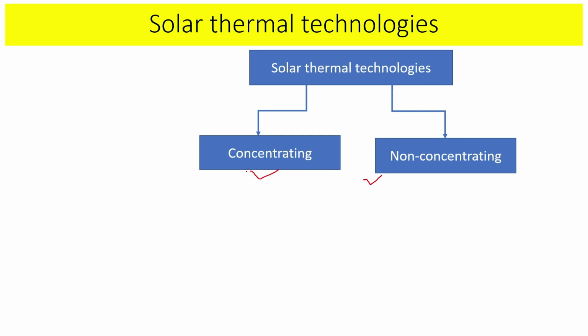We saw that we are receiving 1361 watts per meter square, which was the solar constant, right? But by the time it reaches the earth's surface, it further reduces. So we have enough solar energy, but it is distributed over a very wide land area.